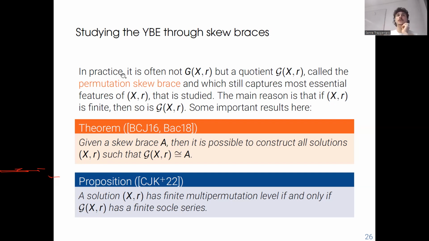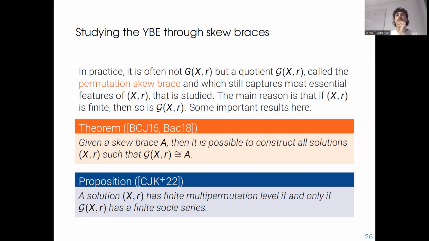This is another skew brace, called the permutation skew brace, which still captures the most essential features of X, r. And in maybe 50% of the cases, people tend to study this skew brace. The main reason is that if the set X is finite, then this permutation skew brace is also going to be finite.